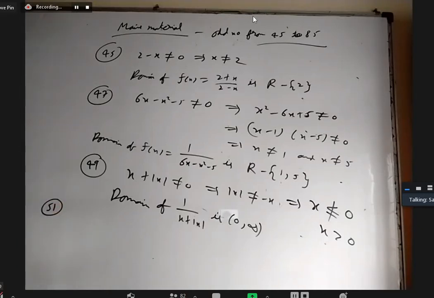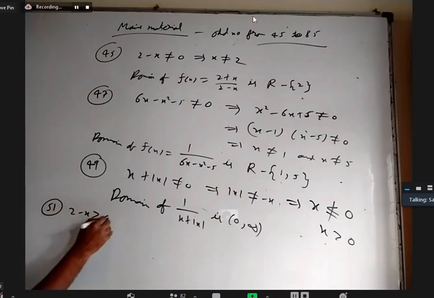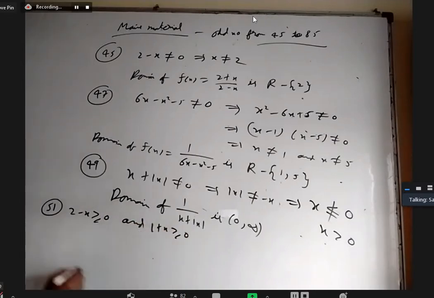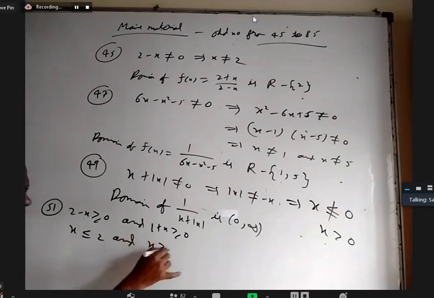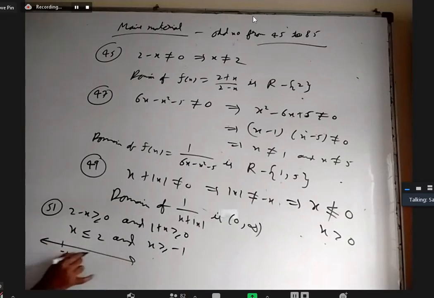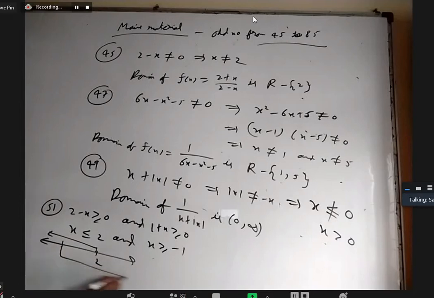(51) You need to take intersection of the first part and second part. For first part, 2 minus x should be greater than or equal to 0. And for second part, 1 plus x should be greater than or equal to 0. Here we'll get x less than or equal to 2 and x greater than or equal to minus 1. So it should be between minus 1 and 2, including both minus 1 and 2.